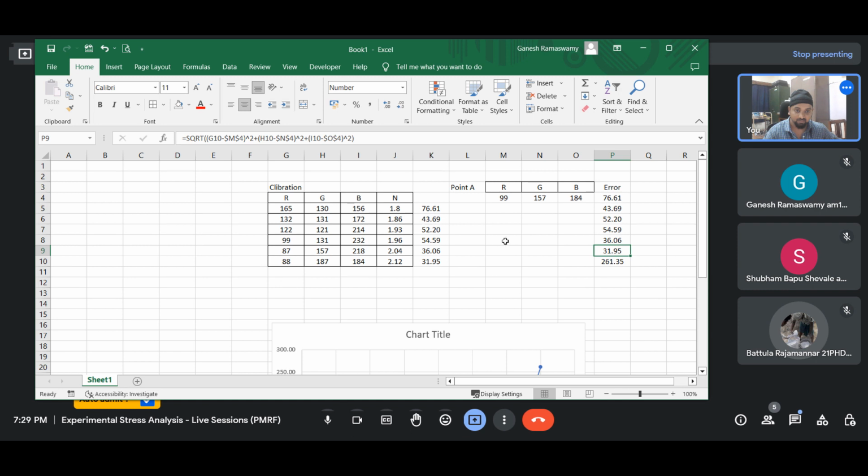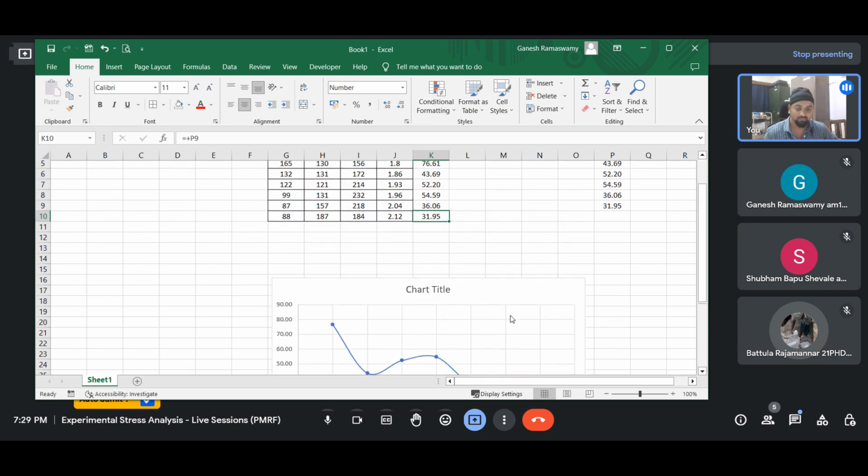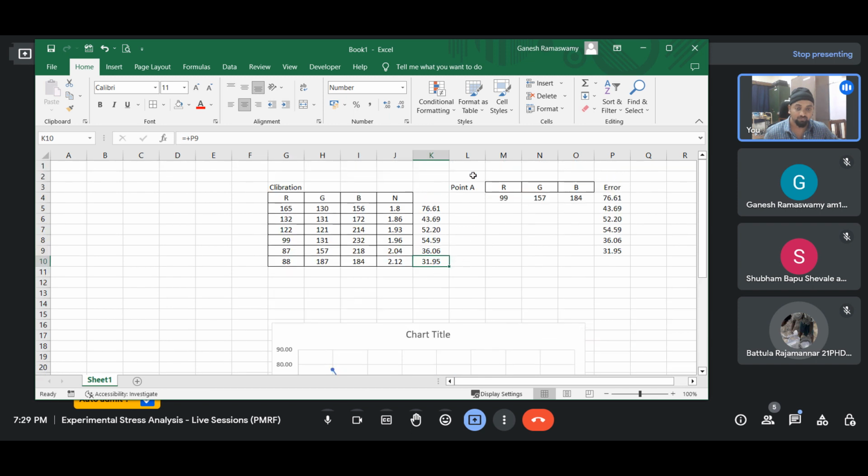It ends at 31. So the least error comes at the last point. If you see, it comes at 31. The graph is this way. So the fringe order for point B, we will take it to be 2.12.